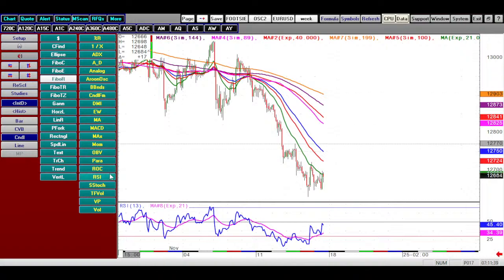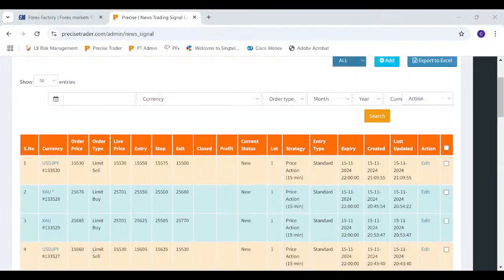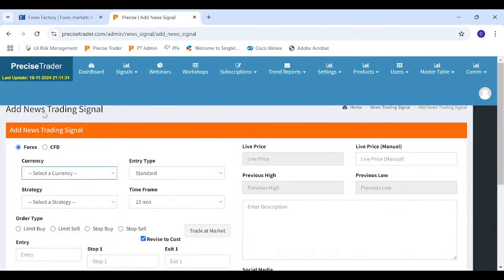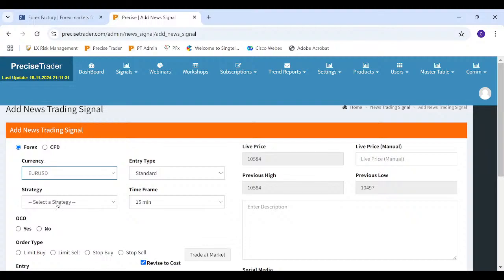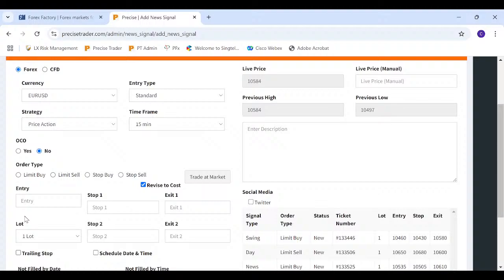Okay, put in a nearer level. 60. Stop at your 360 low, which is 60.